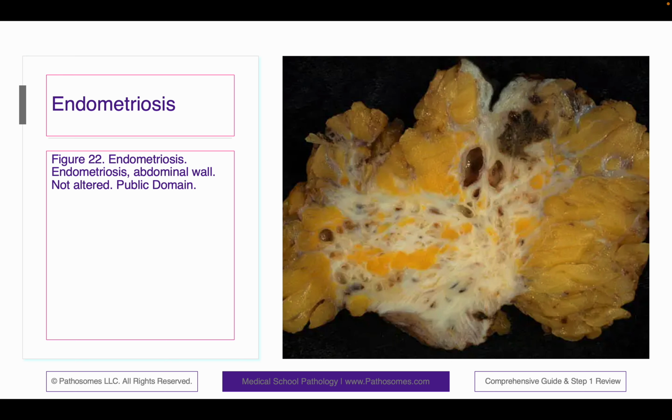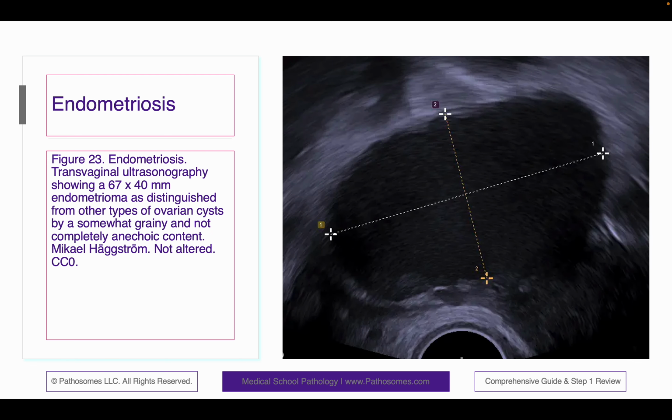And here, we have another picture showcasing grossly what endometriosis looks like, as well as on ultrasonography. This endometrioma is distinguished from other types of ovarian cysts by somewhat grainy and not completely anechoic content.